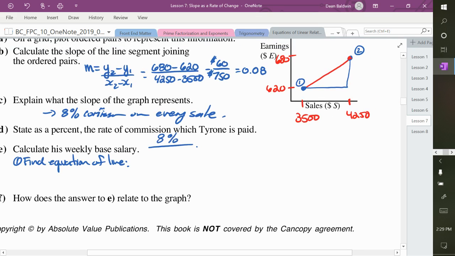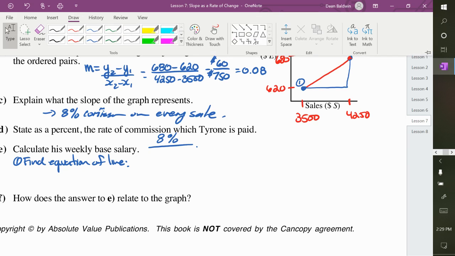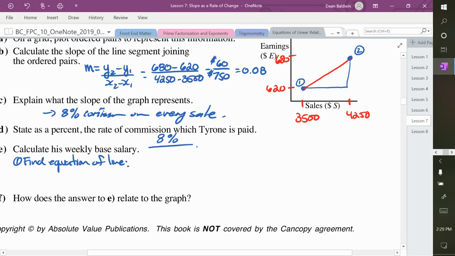I know the slope and I have 2 points. What form do I want to use? What equation? Point slope form. Pick either point, it doesn't matter.